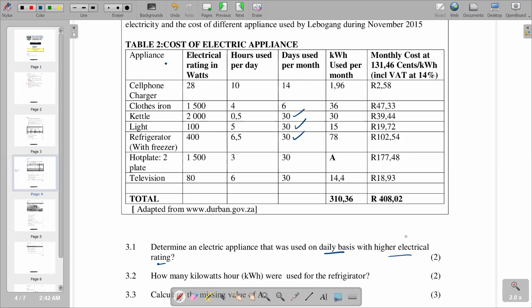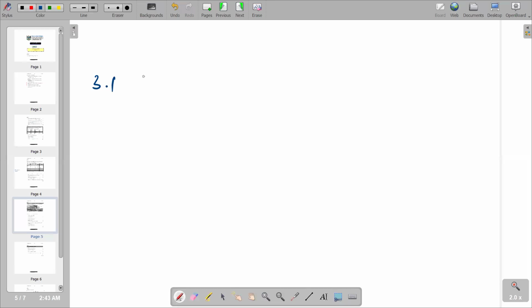But we are going to check for the higher electrical rating, which is in this column. Between the kettle, the light and the refrigerator, the one with the higher electrical rating is the kettle with 2,000 watts. So basically, that's how we choose. The kettle is our response for 3.1.